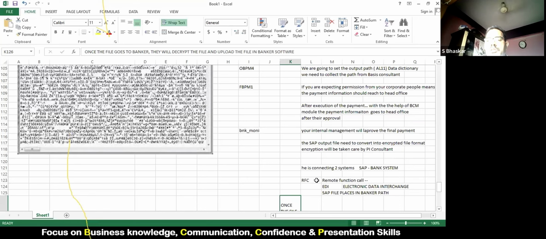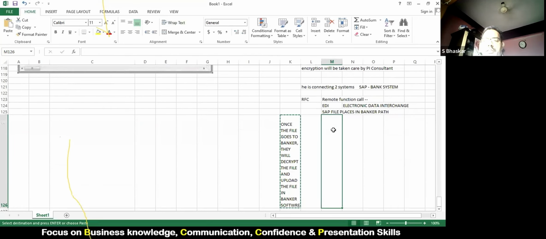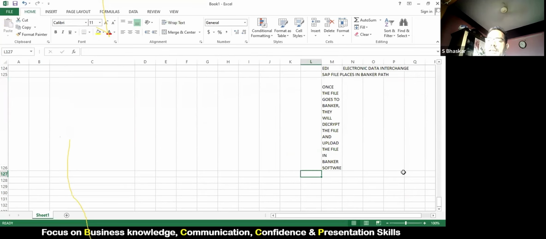They are decrypting the file and uploading it to the software, and then a KYC mechanism applies. KYC means the bank account plus PAN number, Aadhaar number, and mobile number.